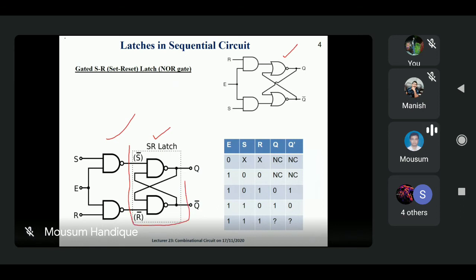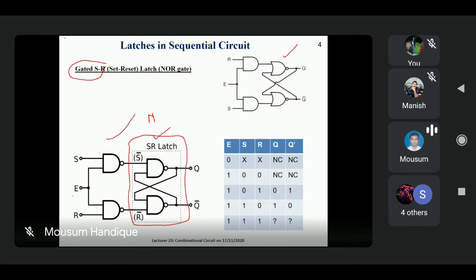So I am writing here SR latch. But apart from that, we are using two NAND gates. So this is with the help of NAND gate, and sometimes it is called a gated SR latch. This is also a latch. It is not a flip flop.